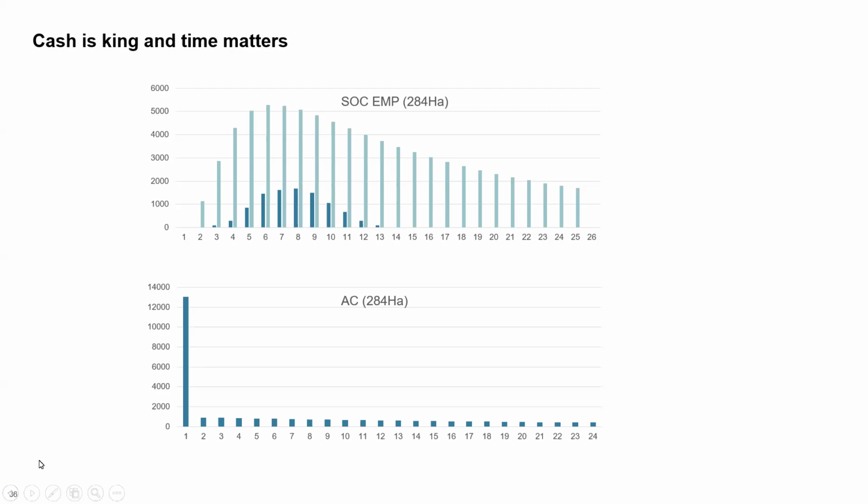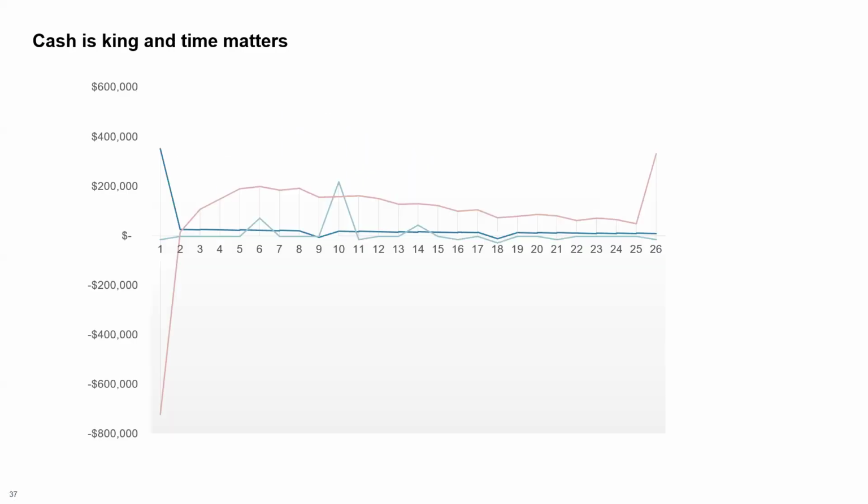Righto. Now, if we translate that, which is just the ACCU side, and look at the actual cash flow of the project, i.e. taking into account the expenses, this is what it looks like. And of course, as you'd expect, it looks enormously different. The red line is planting, the dark blue line is avoided clearing, and the light blue line is soil carbon.